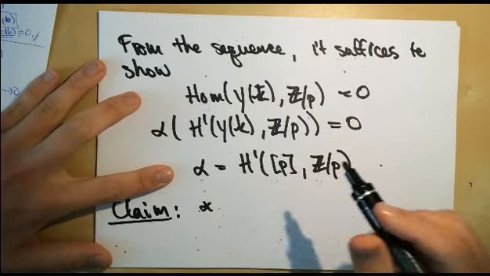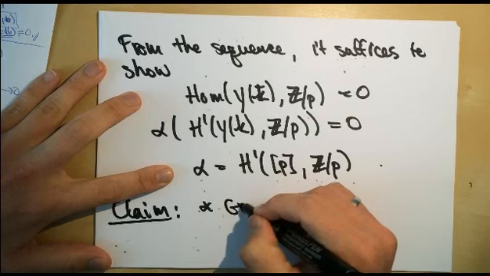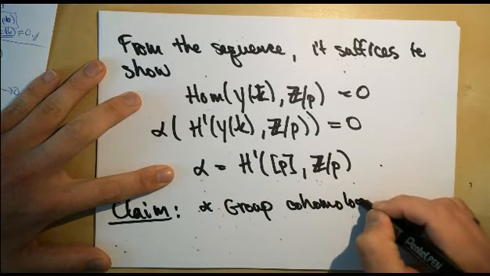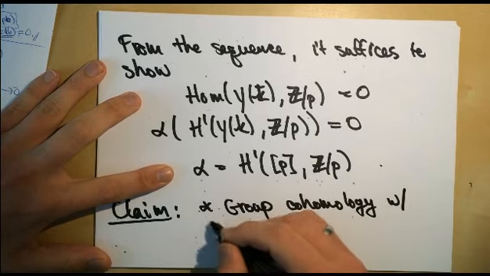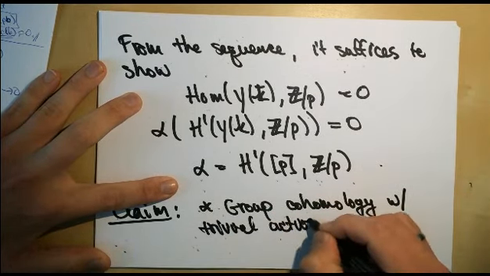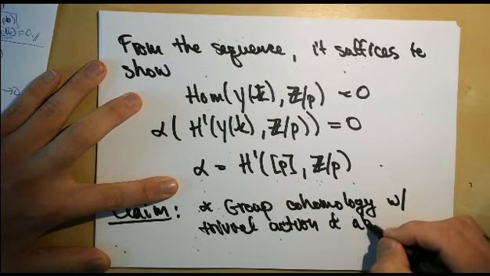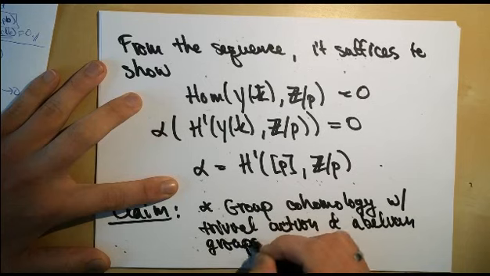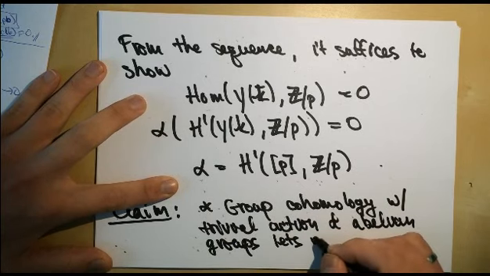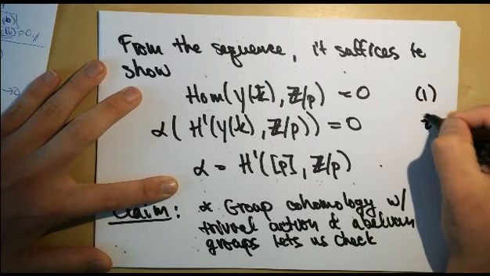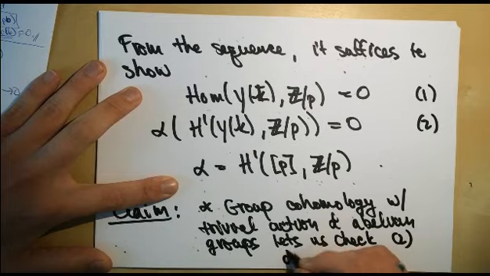so this thing, this is group cohomology with a trivial action, and abelian groups, lets us check that, let's call this 1 and 2, 2 directly.